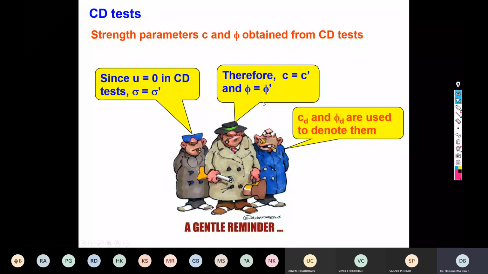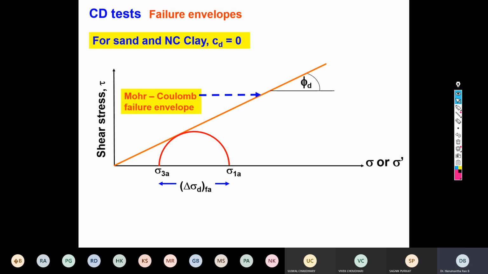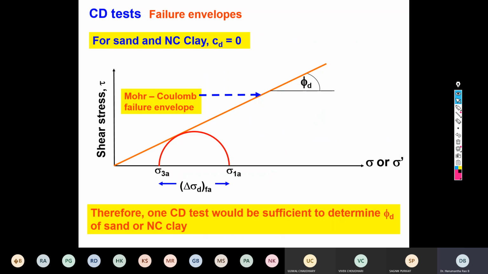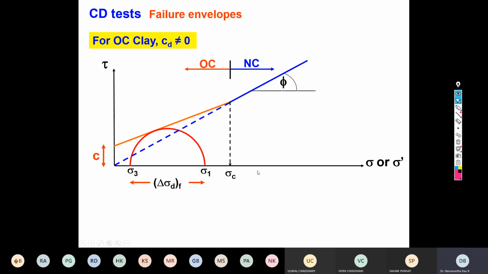Since the pore water pressure is 0, C is C dash, phi is phi dash. So these are the CD test results. Mohr-Coulomb failure envelope, sigma 1, sigma 3. This is for normally consolidated soil, and this is for over consolidated soil.